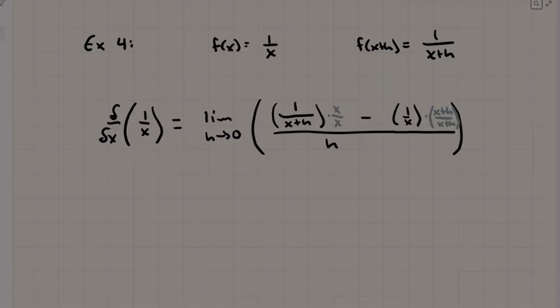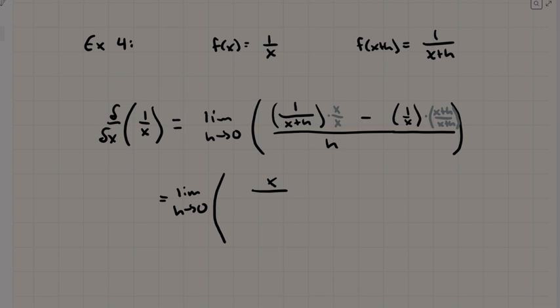Right. So we're going to have the limit as h approaches 0 of, all right, and then this one will become x over x times x plus h. I guess we should go ahead and multiply that out.